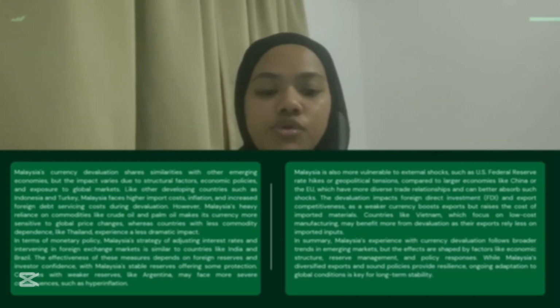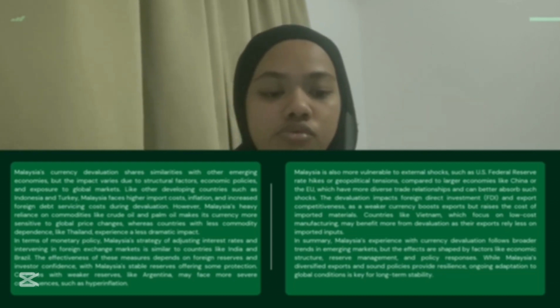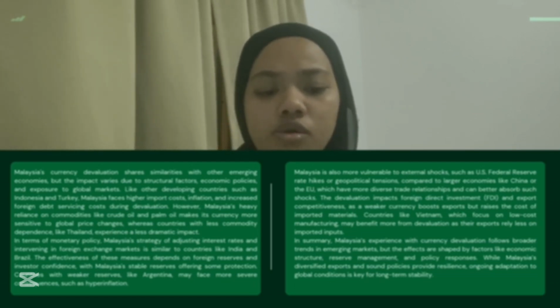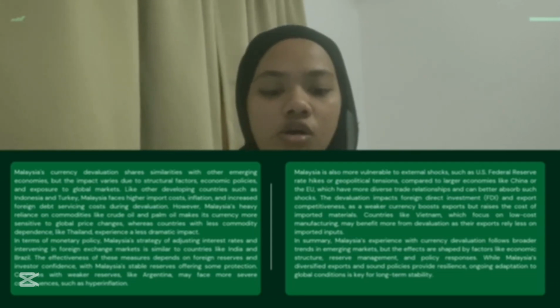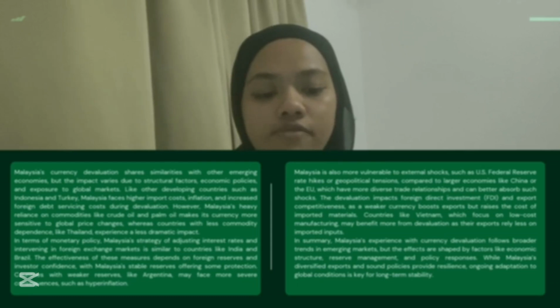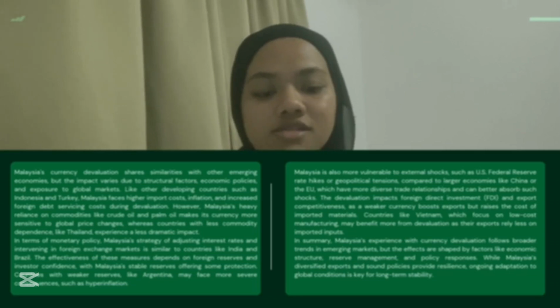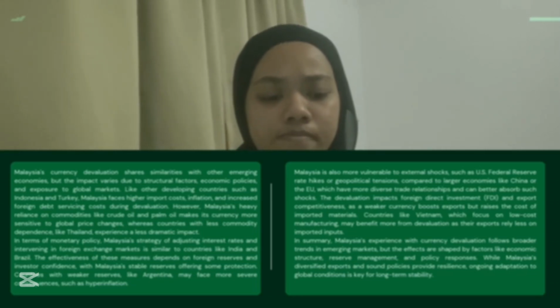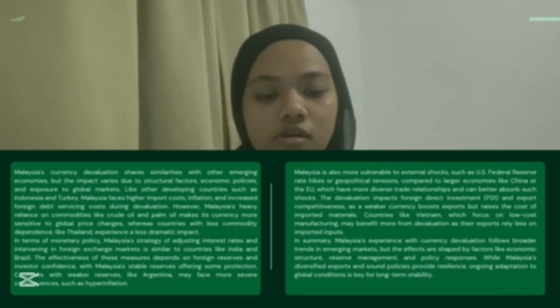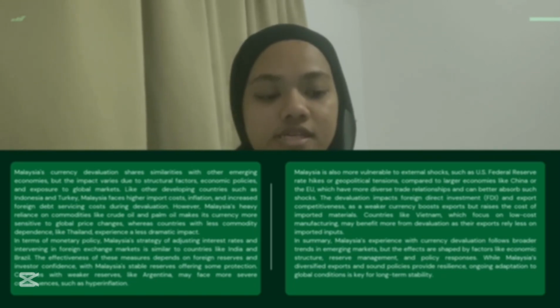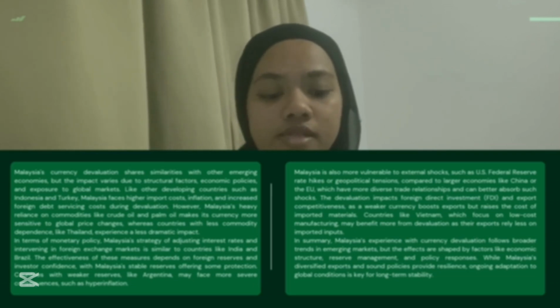Malaysia is also more vulnerable to external shocks such as US Federal Reserve rate hikes or geopolitical tension compared to larger economies like China or the EU, which have more diverse trade relationships and can better absorb such shocks. Devaluation impacts foreign direct investment (FDI) and export competitiveness, as the weaker currency boosts exports but raises the cost of imported materials.